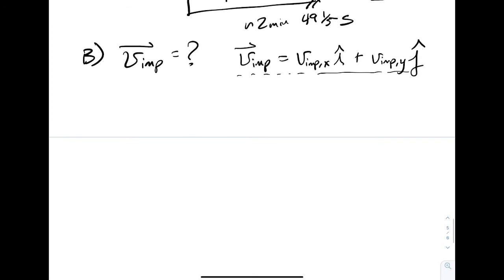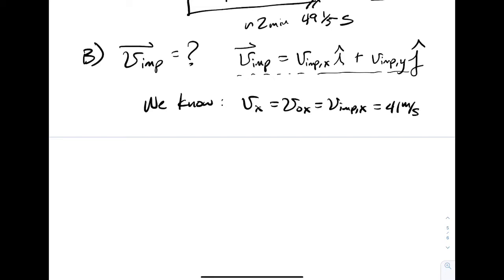So we could say that from the toolbox, we know Vx is always equal to V sub 0x, which means V impact in the x direction is equal to 41 meters per second. So we know this part, given that it's a projectile motion problem. But we need to figure out what Vy is. Well, Vy from our toolbox is equal to gt.